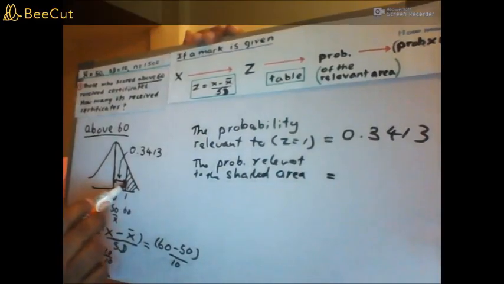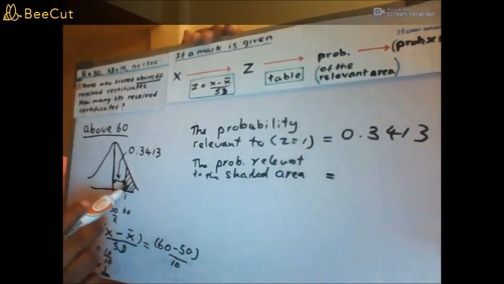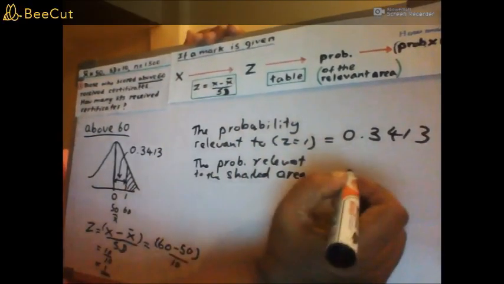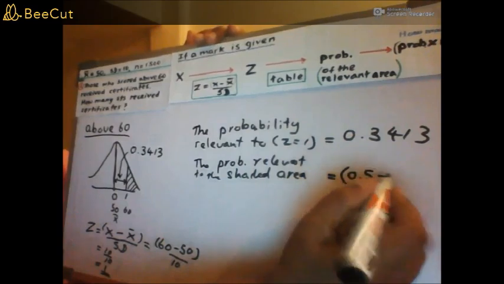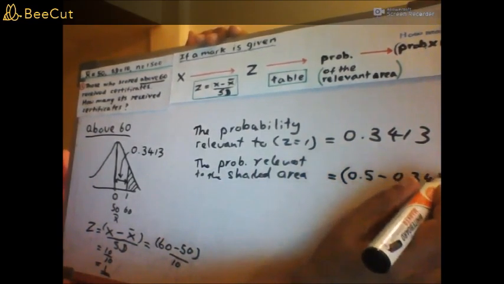We want to find this probability of the shaded area. How can we do it? We know this. Then we'll have to deduct this one from 0.5. So we'll write like this: 0.5 minus 0.3413.